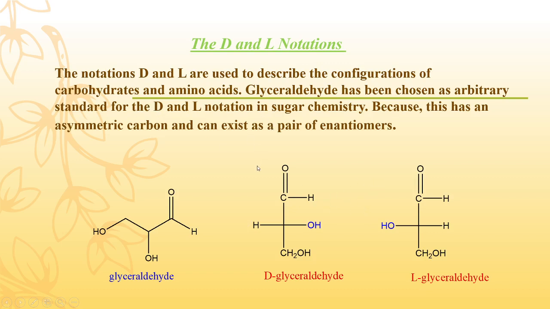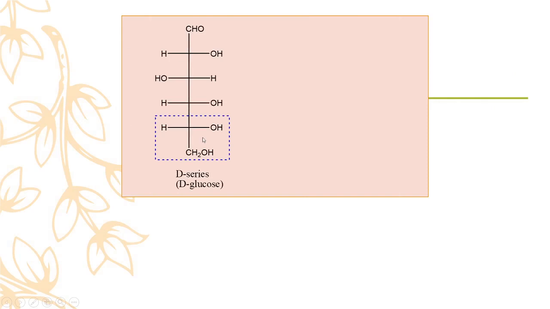So, in the chiral center, if the penultimate functional group is on the right hand side, then it is noted as D, and if it is present on the left hand side, then it is noted as L. So here we have a molecule, D-glucose.